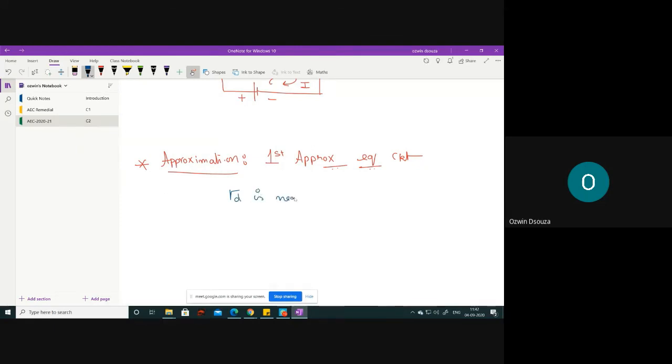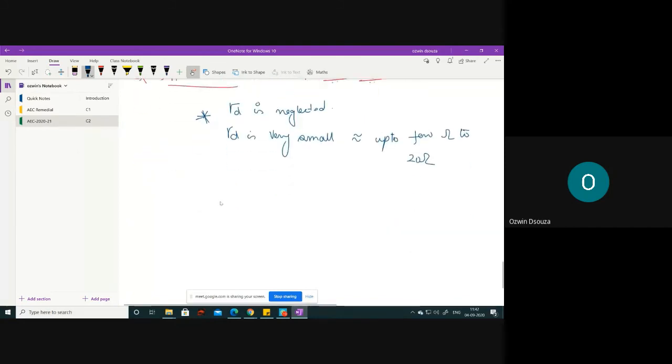So RD is neglected, because RD is very small, from a few ohms to a maximum of 20 ohms. Considering this being a very small resistance value, it is possible to neglect the resistance effect.